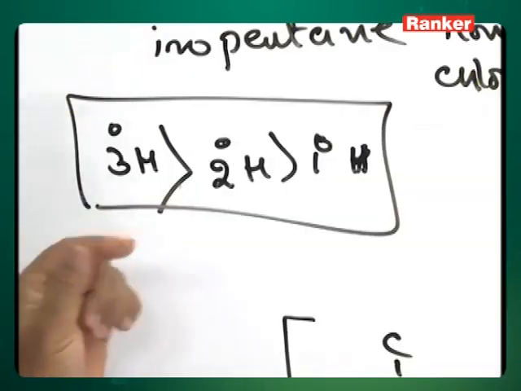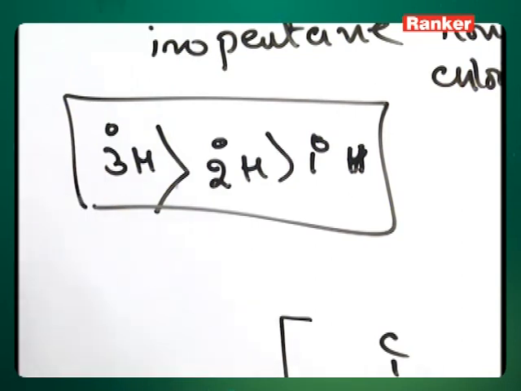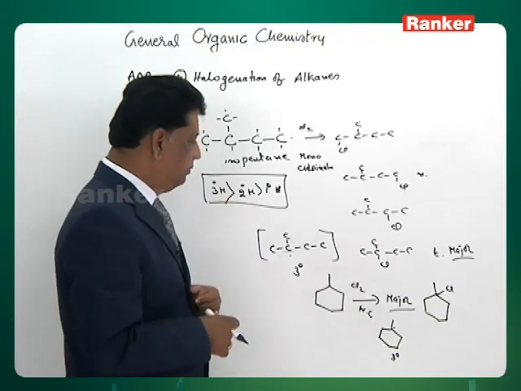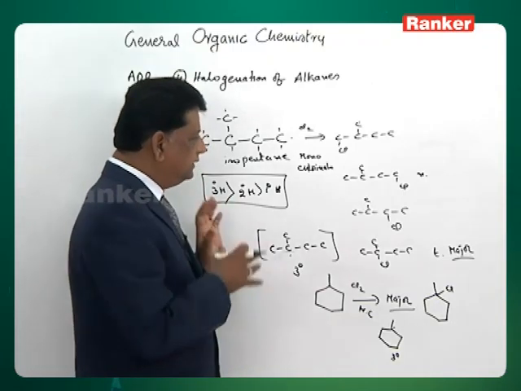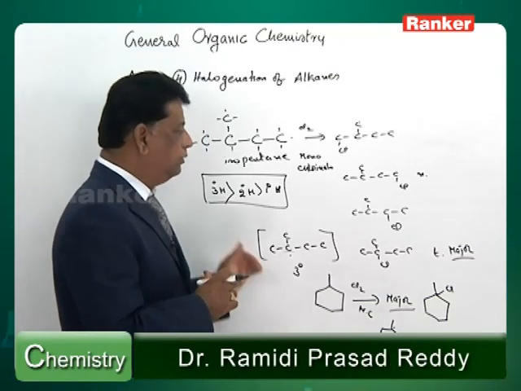Are all the hydrogens equally reactive in propane? No, the middle hydrogens are more reactive. Why? Its intermediate is more stable. The question can be framed in another way. But finally, this is one beautiful concept involved in alkane halogenation.